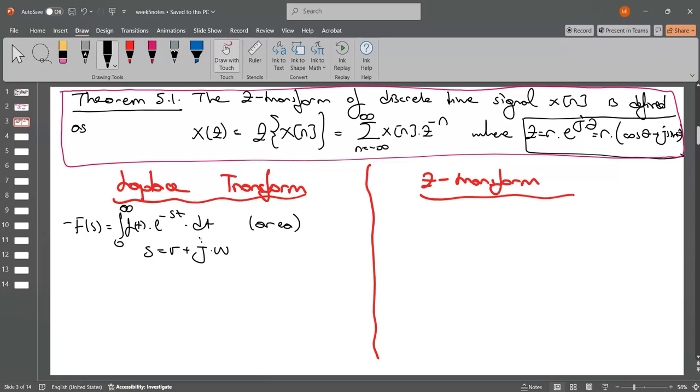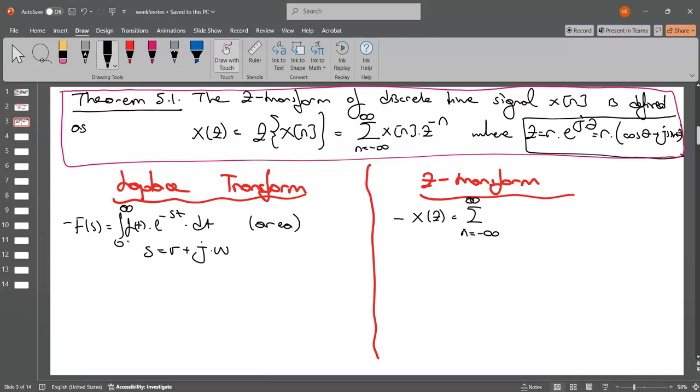But in the z transform, we have X(z), and based on the definition of this theorem, we need to sum the points from minus infinity to infinity, okay? But in this case also we begin with 0 to infinity.